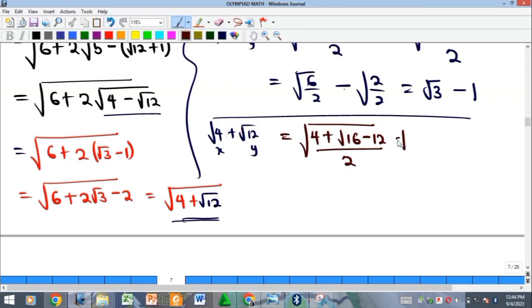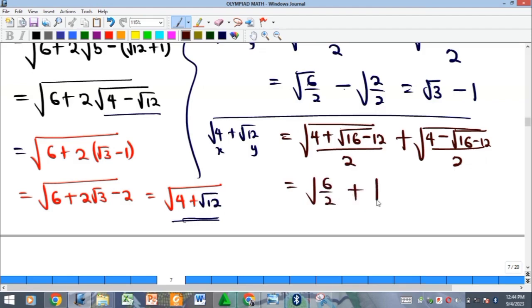If we do that, we will have plus the square root of x, 4, minus the square root of 16 minus 12, all over 2 as well. And so this is going to give us the square root of 2 plus 4, which is 6 over 2, and that is plus 4 minus 2, which is still 2 over 2.